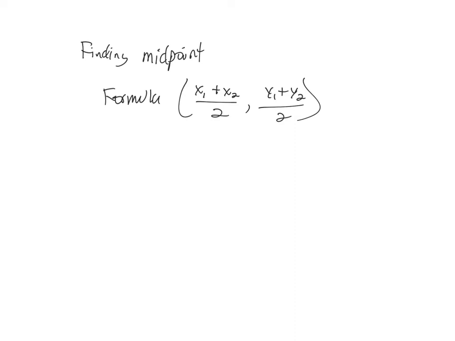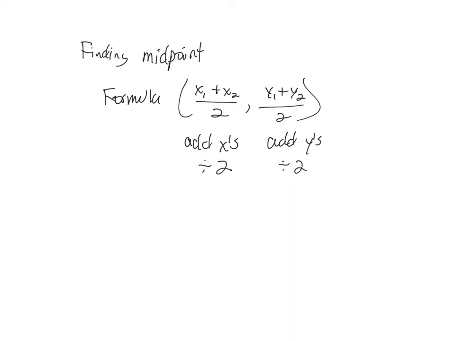Yeah, there's this formula, but I think sometimes it's easier if we add x's, divide by 2, add y's, divide by 2, versus trying to use this whole formula thing. Okay?